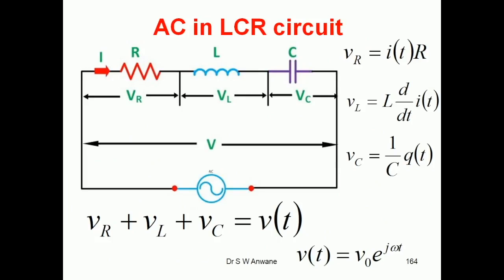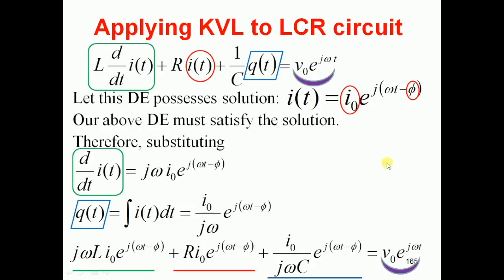The obvious Kirchhoff's voltage law is VR plus VL plus VC equal to V of t, and VR is equal to I into R, VL is L dI by dt, and VC is Q by C. So if we couple together all these terms and we propose the solution, naturally we'll have the form I0 e to the power j omega t minus phi, where phi is to be found and I0 is to be found.